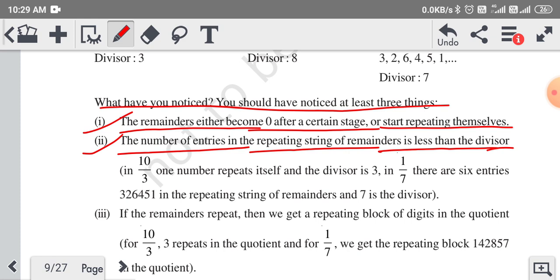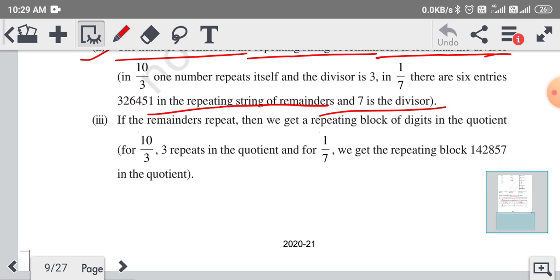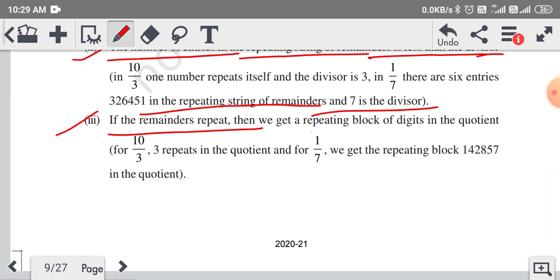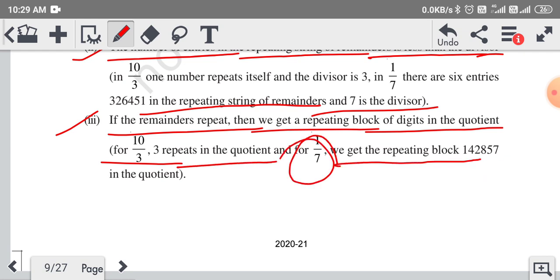In 1 by 7 there are 6 entries, 3 2 6 4 5 1, in the repeating string of remainders and 7 is the divisor. Third, if the remainder repeats, then we get a repeated block of digits in the quotient. For 10 by 3, 3 repeats in the quotient, and for 1 by 7 we get the repeating block 1 4 2 8 5 7 in the quotient.